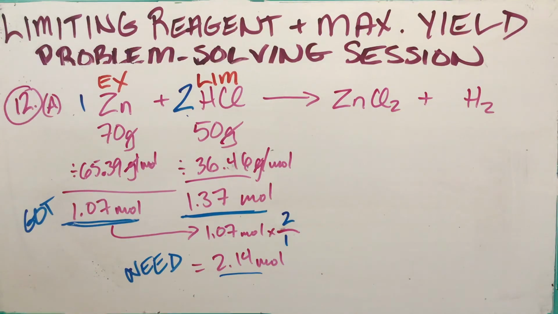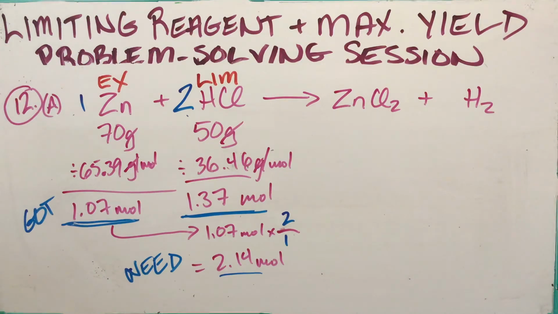So, I think the next part of this asks how much of the excess reagent will be left over. Right? I don't think this one asks for a particular product. So, how much of the excess reagent will be left over? So, here's my excess reagent. Well, I know what I have, but I don't know how much I used up.